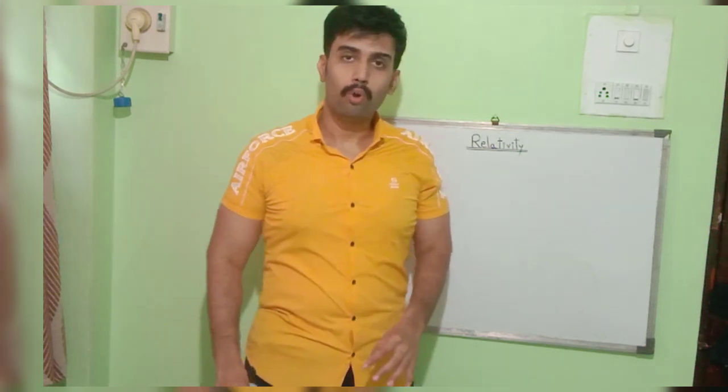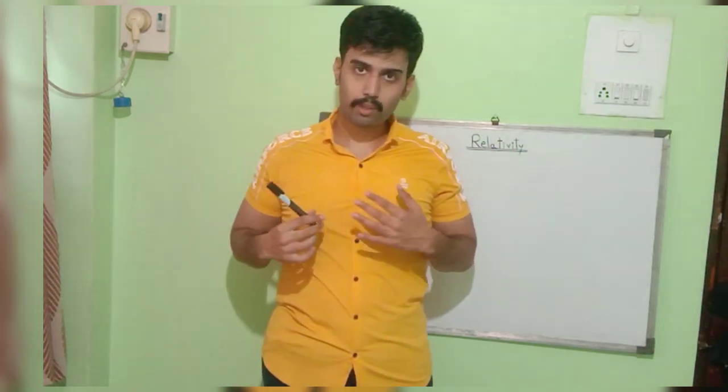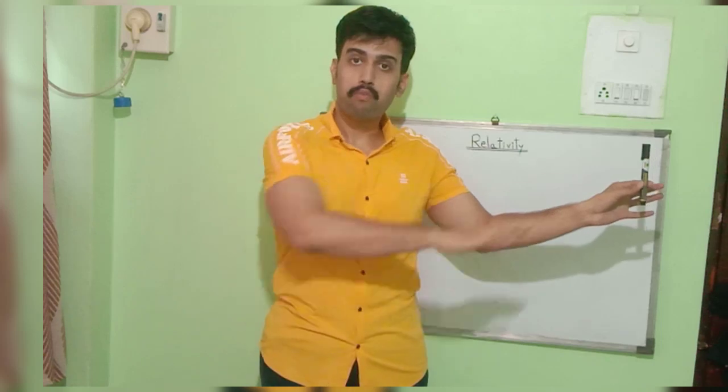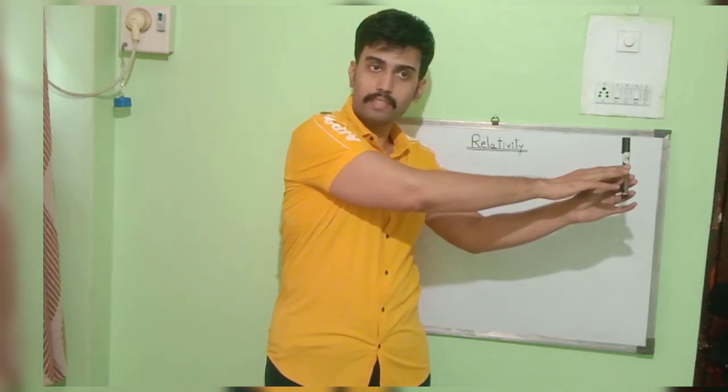For example, look at this. I am standing here. This is my right hand, and if one person is standing on this side, for that person I am standing towards his right side.